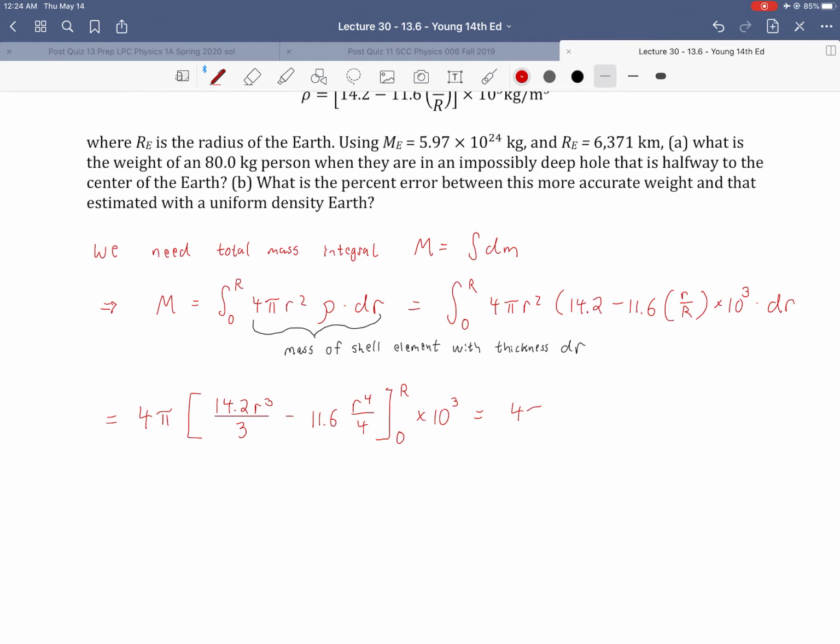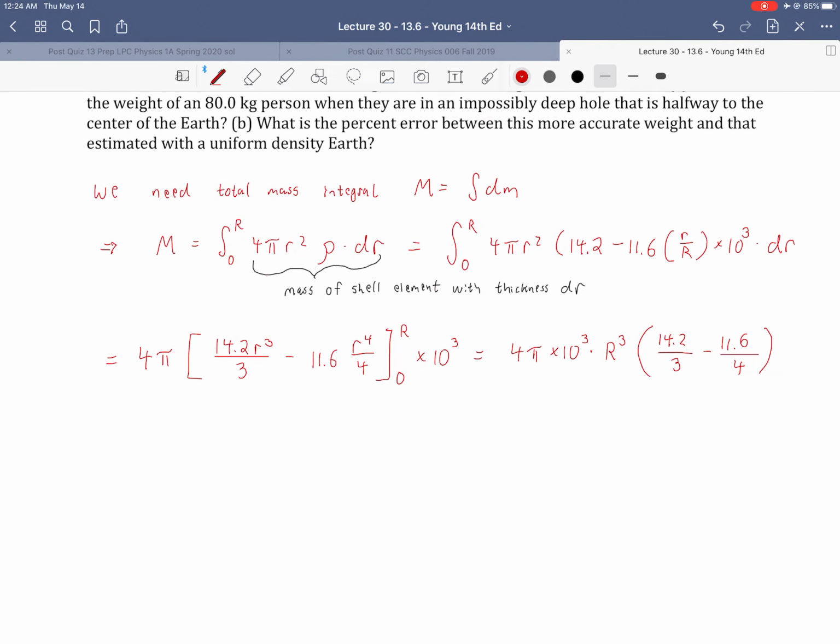So anyway, that's just going to be 4 pi times 10 to the third times R cubed. Okay, that's exactly what we wanted. And then times just some numbers, 14.2 over 3 minus 11.6 over 4. Okay, and I'm just going to turn that whole expression into a decimal because we started with decimals anyway, right? We didn't end up with clean fractions, so we'll just turn it into a decimal.